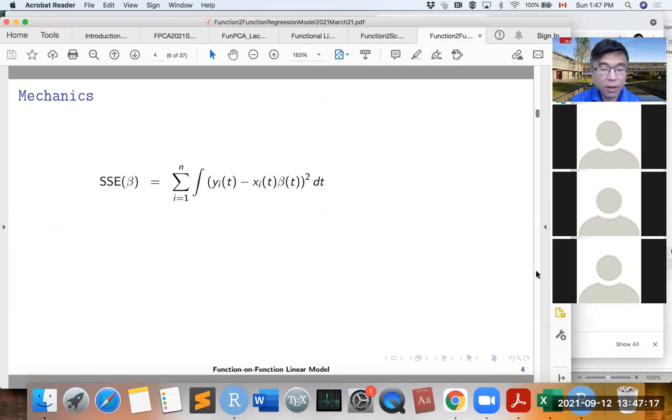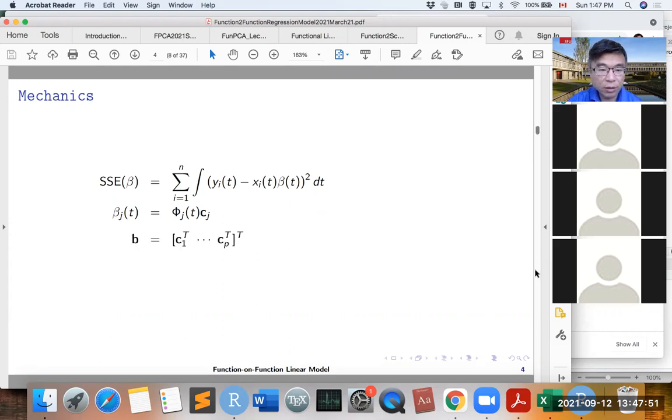Okay. So how do we do the estimation? Basically, we still will minimize the sum of the integrated error, and here we will also express the beta t as a linear combination of the basis functions. Sorry, here there should be a subscript j here.